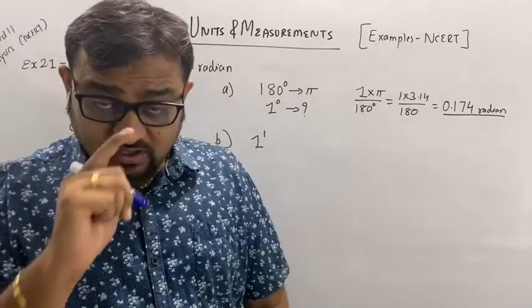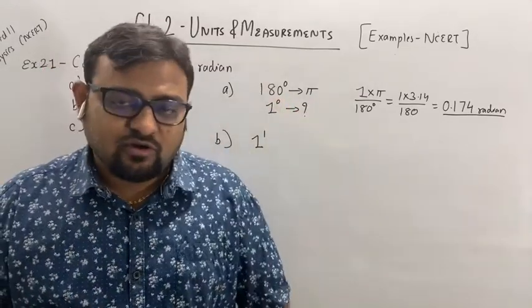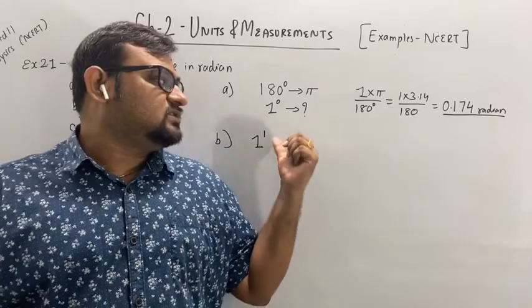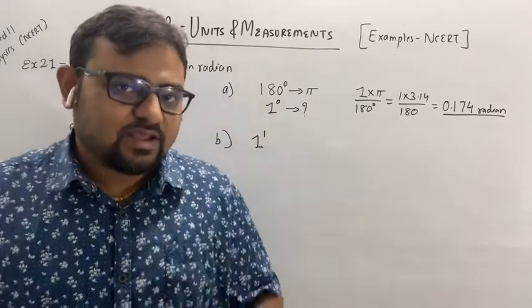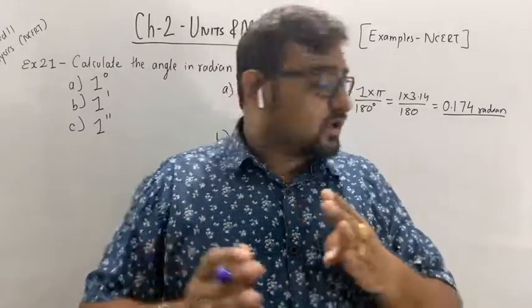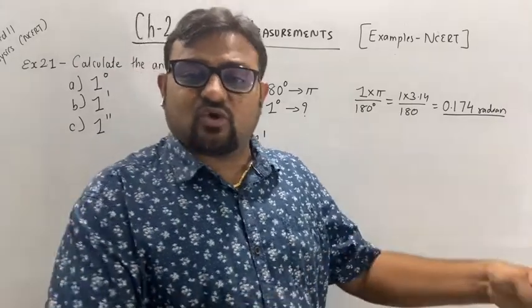Now let's move to the next one, 1 minute. Now we have the conversion from degree to radian, not from minute. So first, convert this minute into degree. How many minutes equal 1 degree? 60 minutes equal 1 degree.